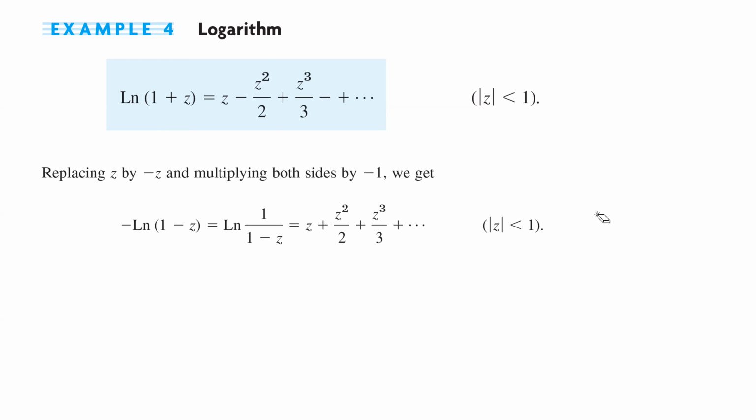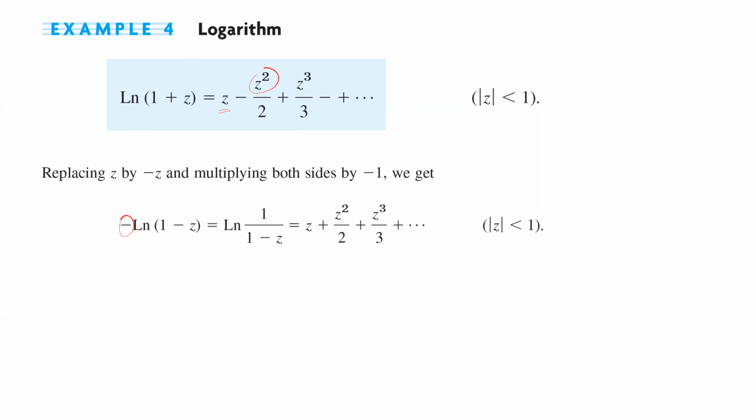And if you replace z by -z, you see the squares, the even powers, don't change because (-z) squared is the same as z squared, right? But all of the odd ones become negative.